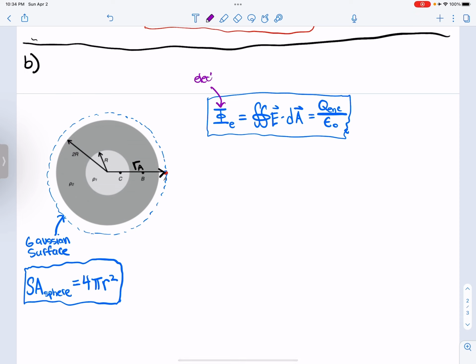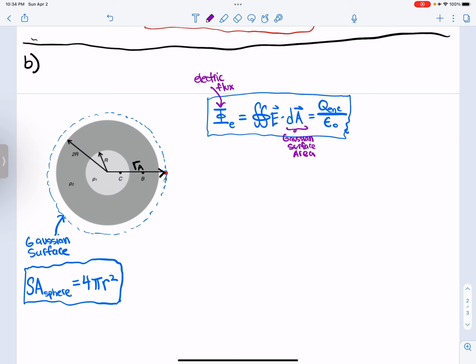So this is the electric flux. Okay. This is the electric field right here. And this is the Gaussian surface area, or it will be after you take the integral.